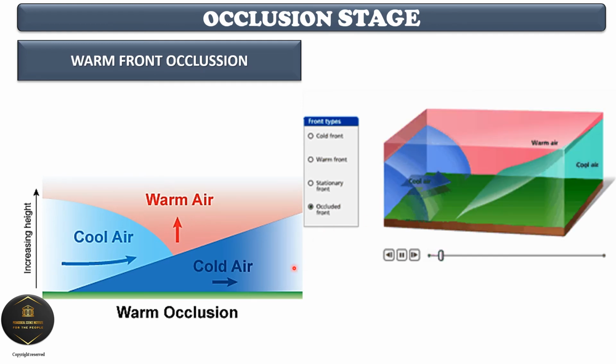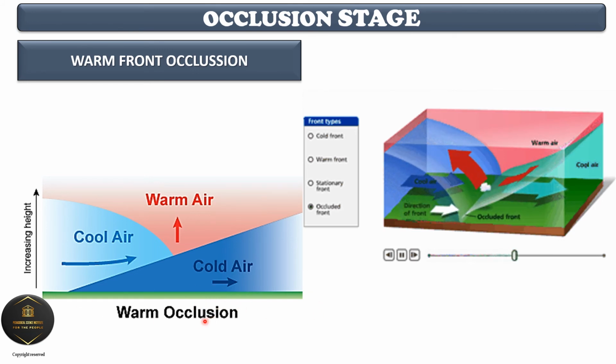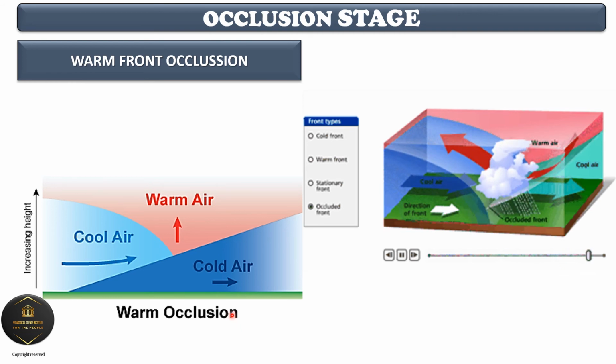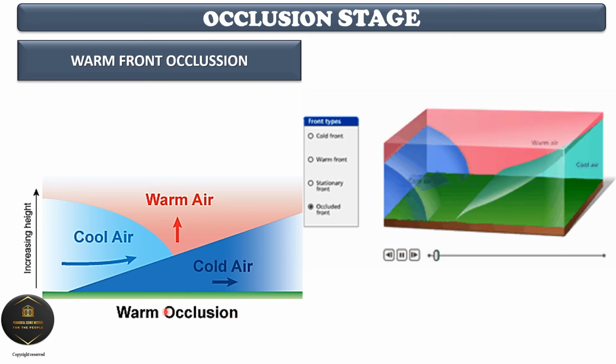Now, with warm front occlusion, if you look at our diagram here, the opposite will happen. Warm front occlusion only happens when the warm front catches up with the cold front.